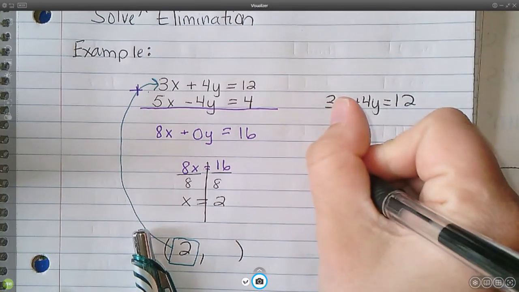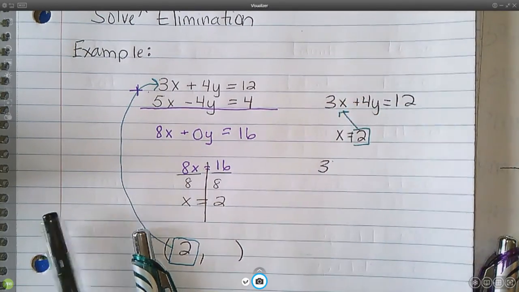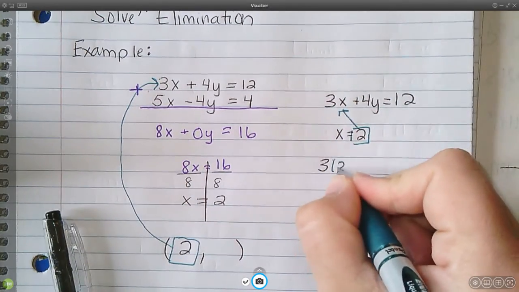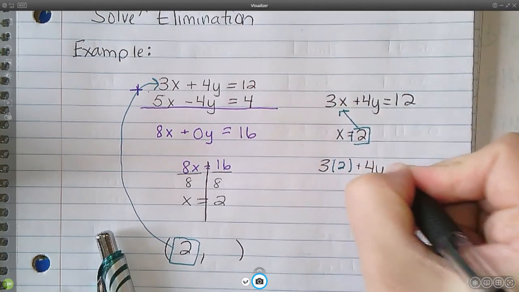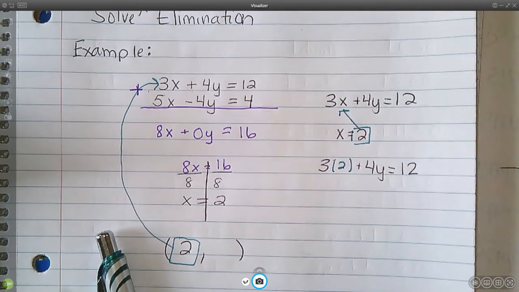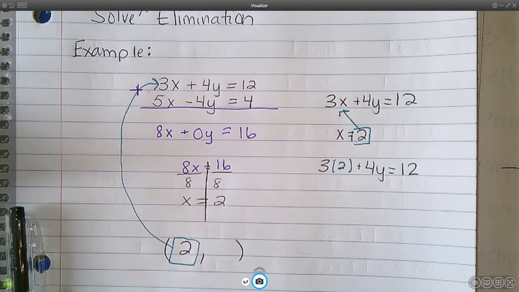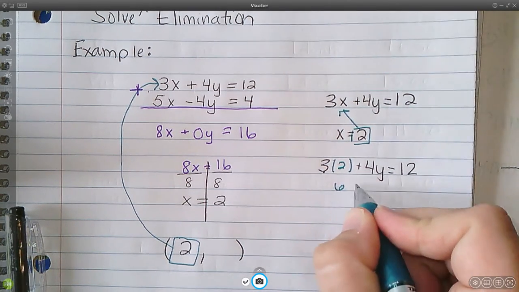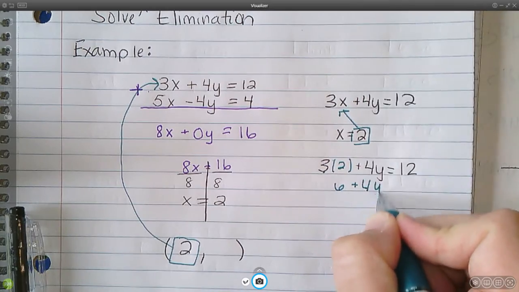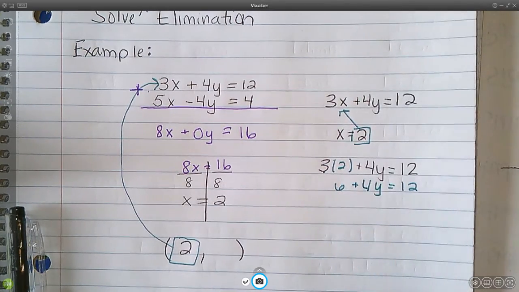So it's going to look like 3 times 2, plus 4y equals 12. I apologize right now that we're going to get a decimal, but that's okay. I distribute the 3, so 3 times 2 is 6, plus 4y equals 12.